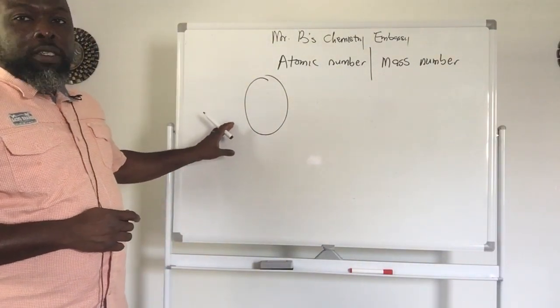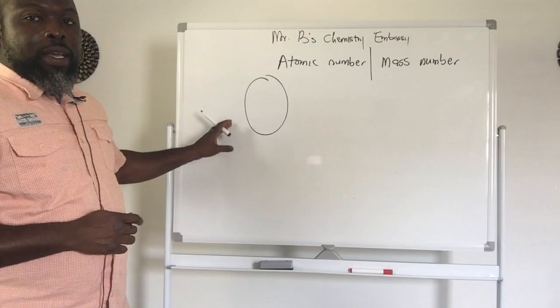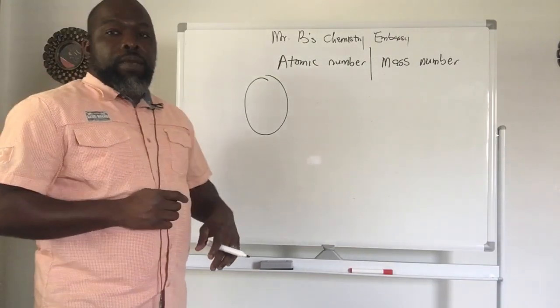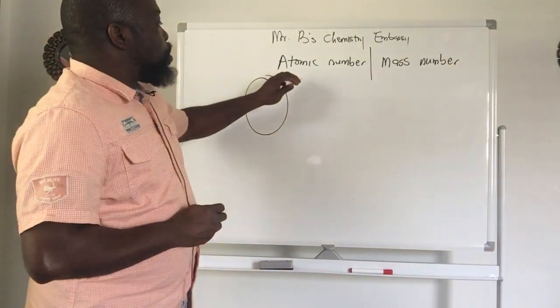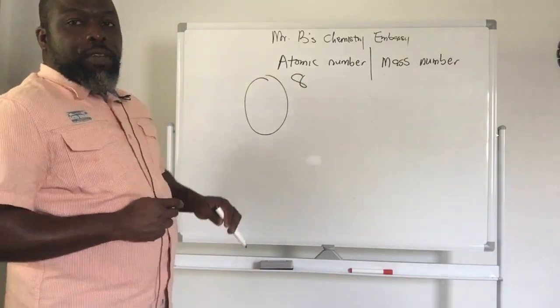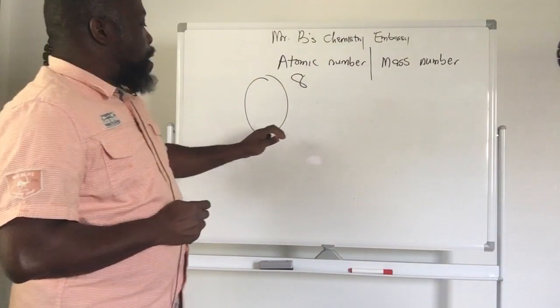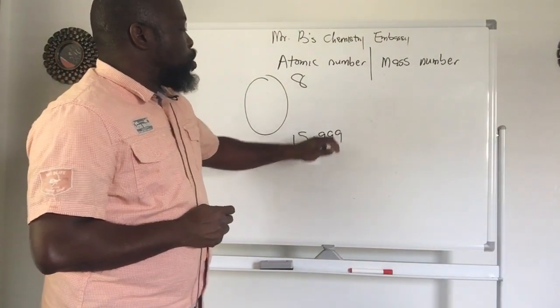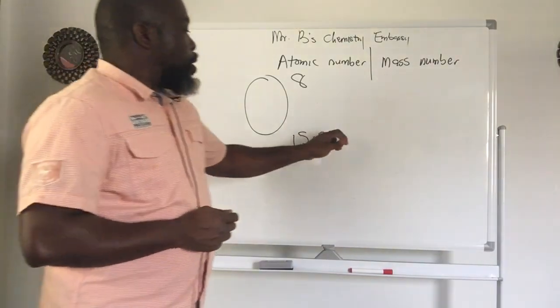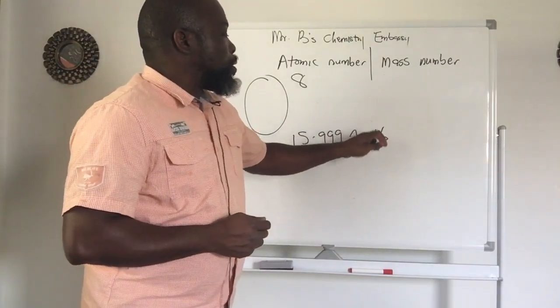And on the periodic table, sometimes you would have two numbers. One of the numbers is usually 8 for oxygen, and the other number is usually 15.999. So usually we round it up to 16.